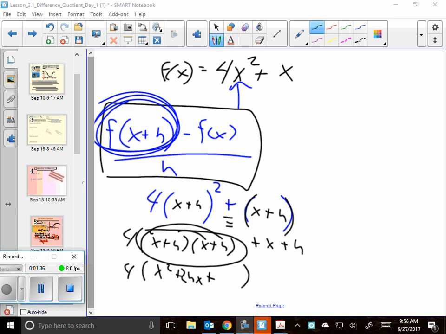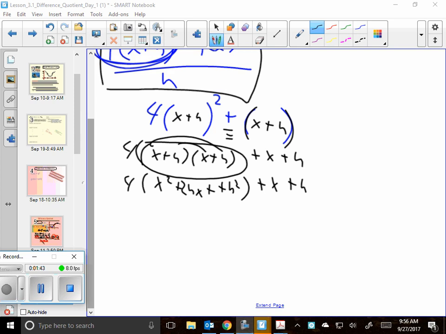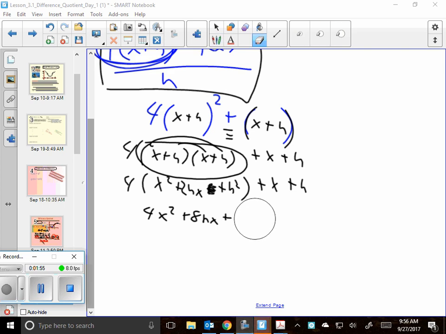And then the last makes plus h squared, and then plus x plus h, and then one more, multiply everything by 4. 4x squared plus 8hx plus 8. There's 2 pluses in there, which I don't need. H squared, that's not 8, that should be 4. Sorry. 4h squared plus x plus h.